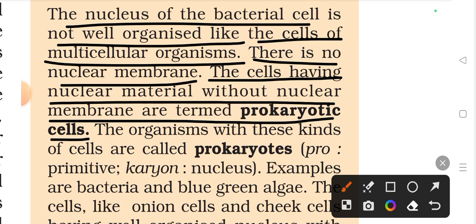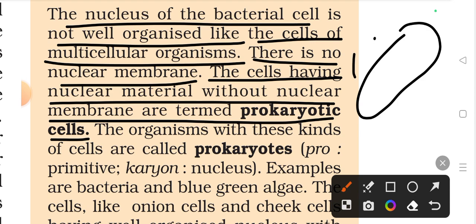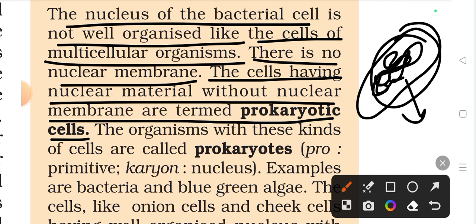For example, this is a bacteria, and the bacteria has a thread-like structure, right? That thread-like structure is nothing but chromosomes. Nucleus is not there. Only these chromosomes are there in the cytoplasm. What we learned: the nucleus is present in nucleoplasm and the nuclear membrane surrounds it.